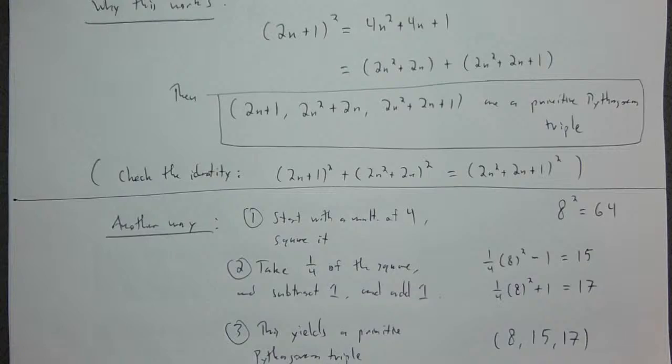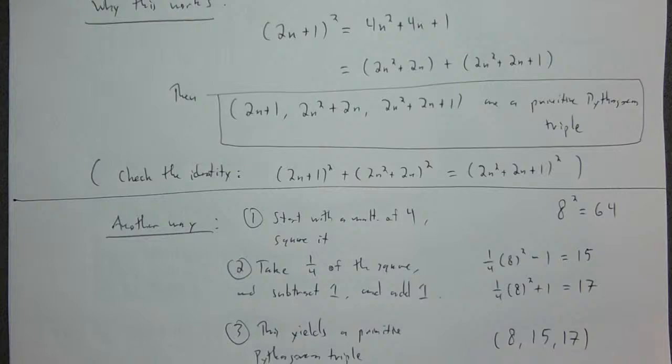So, questions about why this is primitive. Okay, so let's think. The last 2 entries are odd, and they differ by 2. So they're odd and they differ by 2, so their GCD is 1, so the triple has GCD 1. Okay. So we're done yet again.